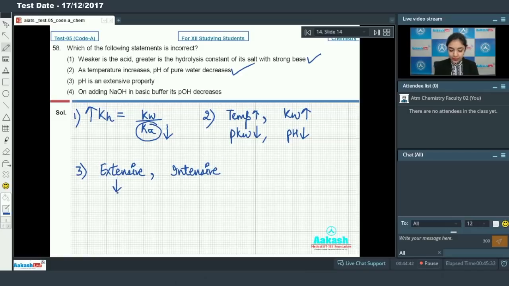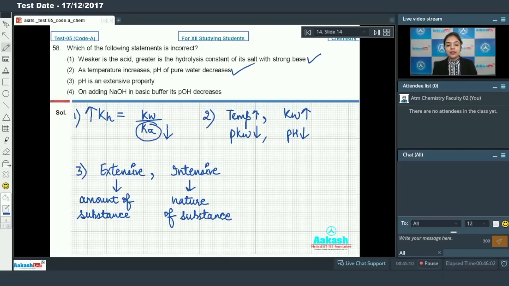The extensive property depends upon the amount of substance and intensive properties depend only on the nature of substance. And pH we can call an intensive property because it only depends upon the nature of the substance, whether it is acidic, basic, or neutral, and it does not depend upon the amount of substance. So this statement is incorrect.